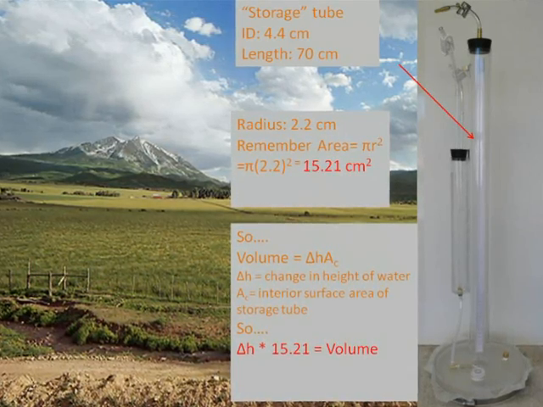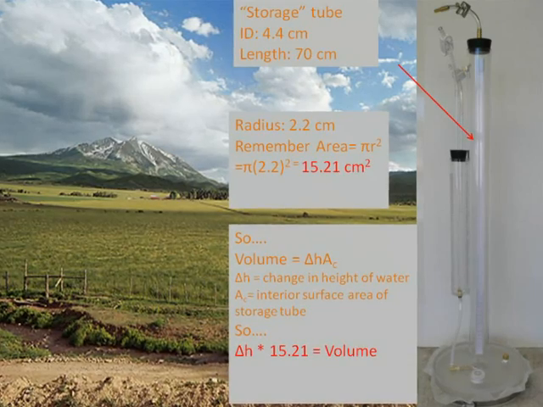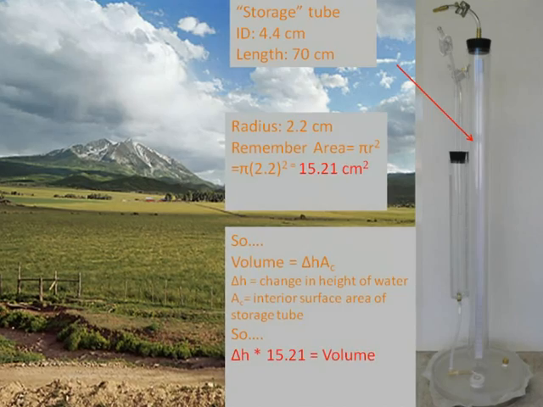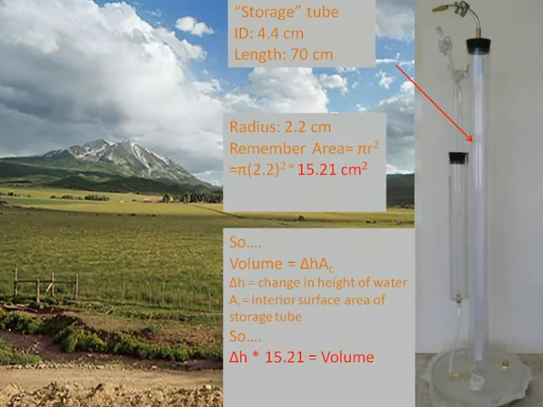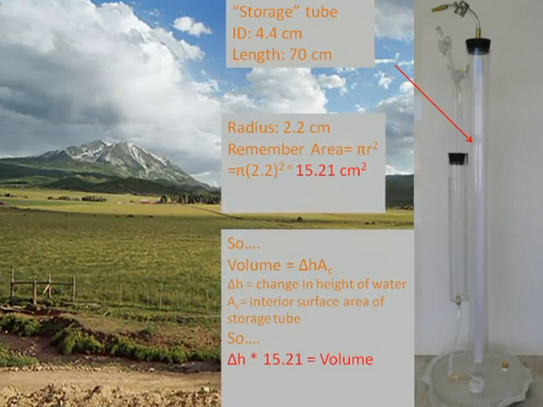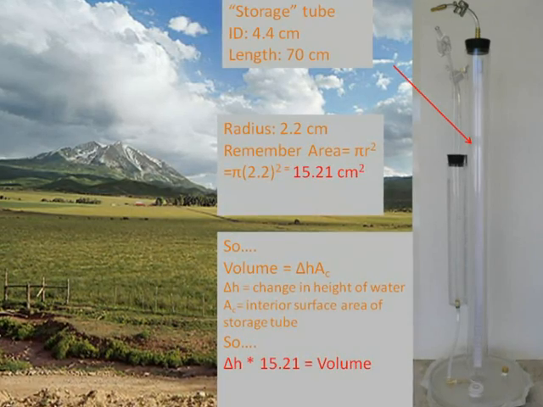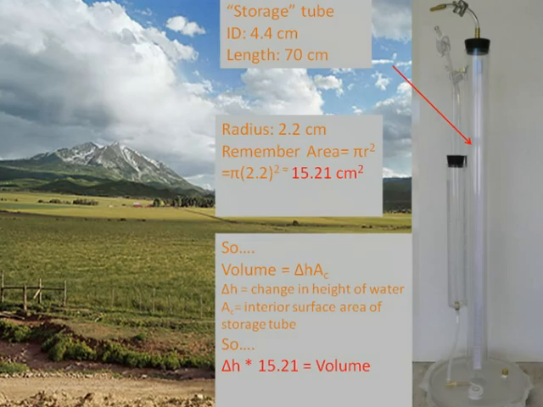The volume can be calculated as the change in height of water as noted on the storage tube, multiplied by the interior surface area of the storage tube. In this case, the surface area of the tube is 15.21 square centimeters.